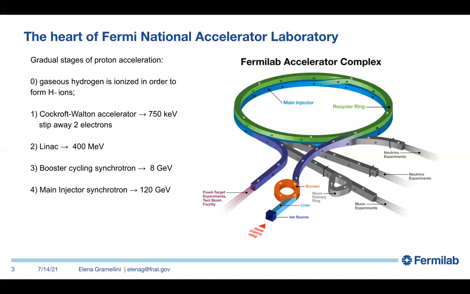And you accelerate them with a Cockcroft-Walton accelerator, in stages. You start with this first stage and you go from thermal energies, not zero because they're not frozen, to 750 keV.